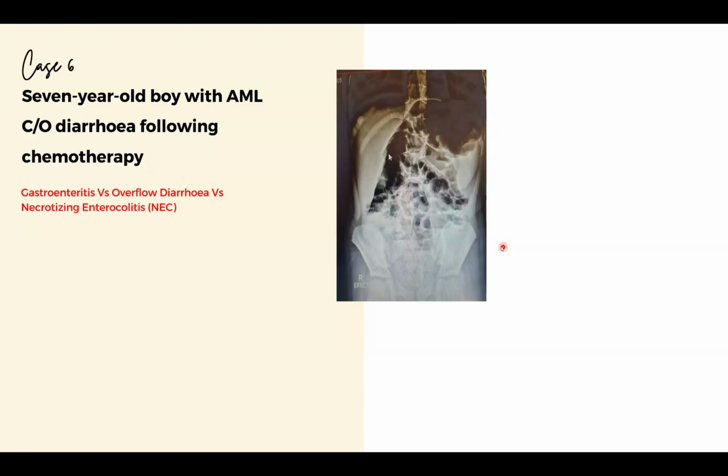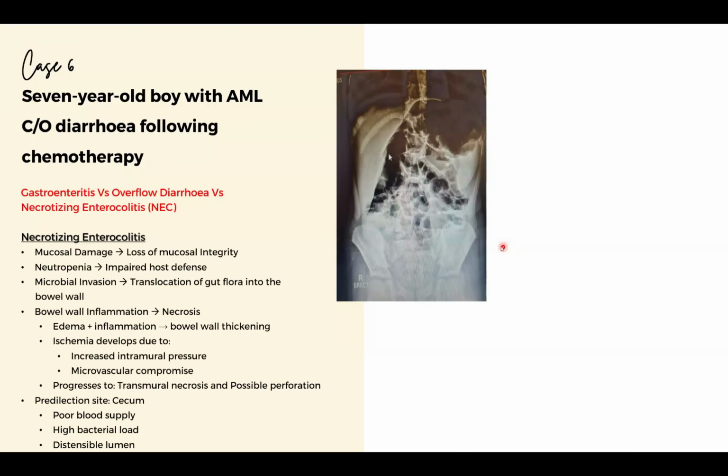Versus necrotizing enterocolitis, which we call NEC. This carries a high mortality rate. There's mucosal damage causing loss of mucosal integrity, and neutropenia is there, which causes impaired host defense, microbial invasion, translocation of gut flora to the bowel wall, and then bowel wall inflammation, causing necrosis.